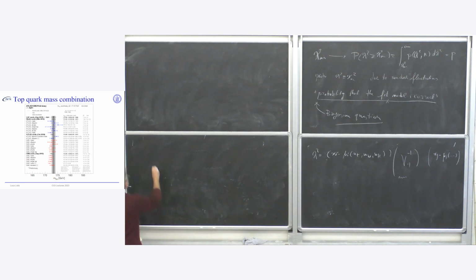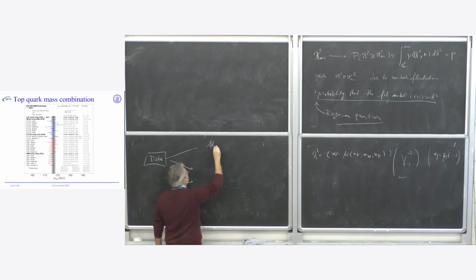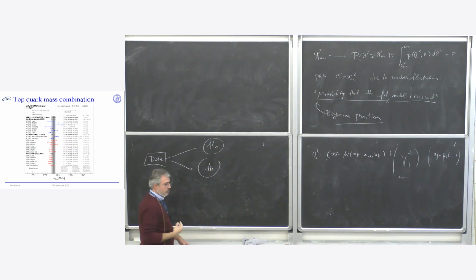So we have data. Then we compare data to different hypotheses, hypothesis 0 and hypothesis 1. And we want to say which is favored between these two hypotheses.